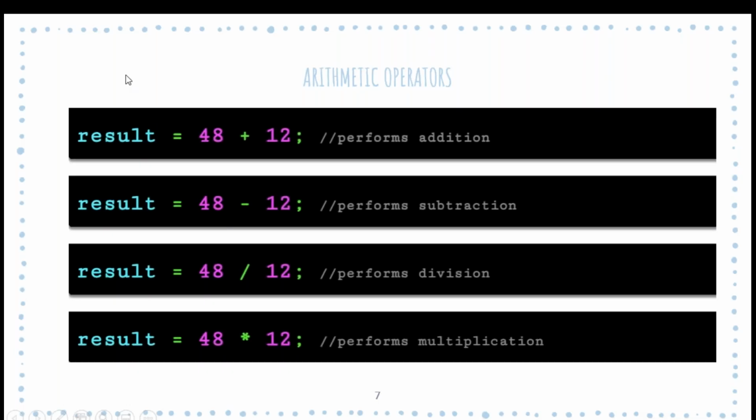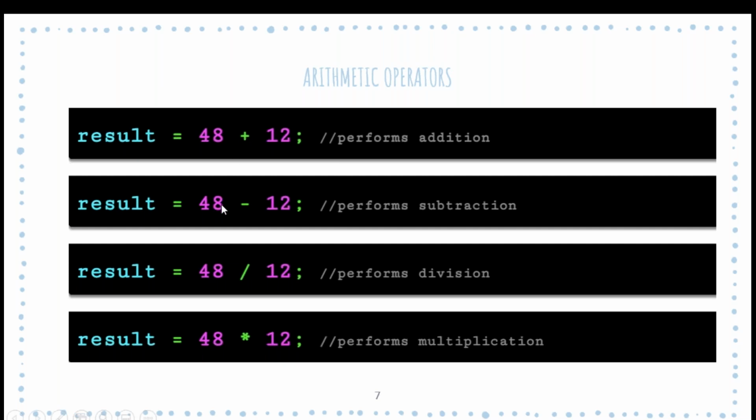Just to put it more into context and show how this actually works in code, I've also demonstrated it here. As you can see, I've created a variable called result, and result is equal to 48 plus 12. The plus depicts an addition operation, so this will perform addition.